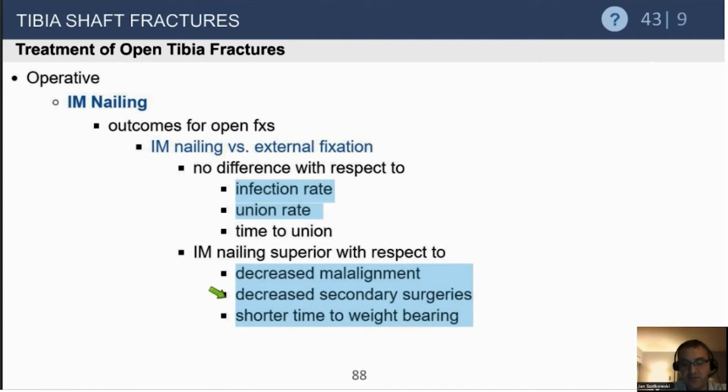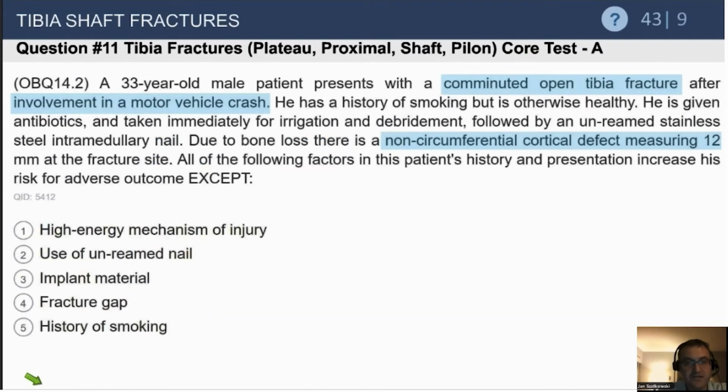Shorter time to weight bearing, though. With fine wire fixators and some other external fixator constructs you can weight bear as well, but nails are a much more stable construct. It's a load sharing implant, allowing you to weight bear a lot faster.